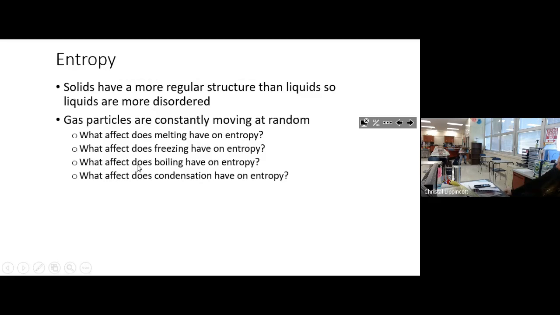Boiling: increase, because it's vapor. And then what about condensation? Decrease, because it's going from gas to liquid. Does that make sense? Yeah. Okay.